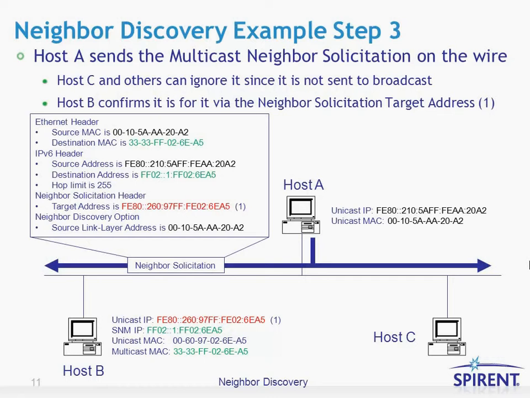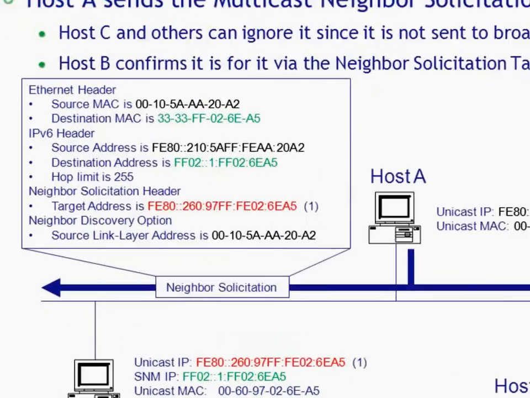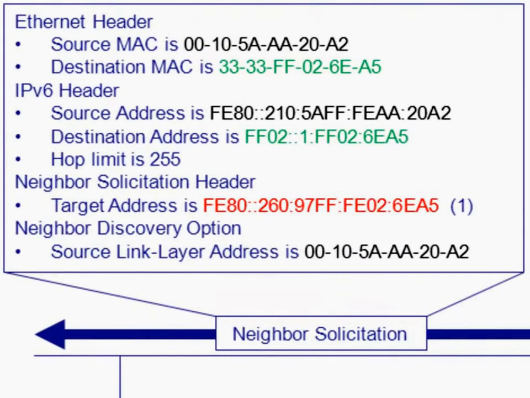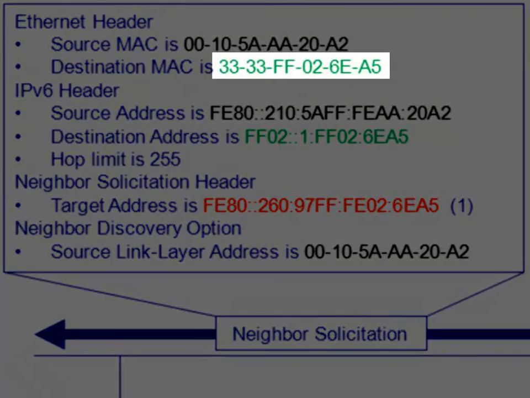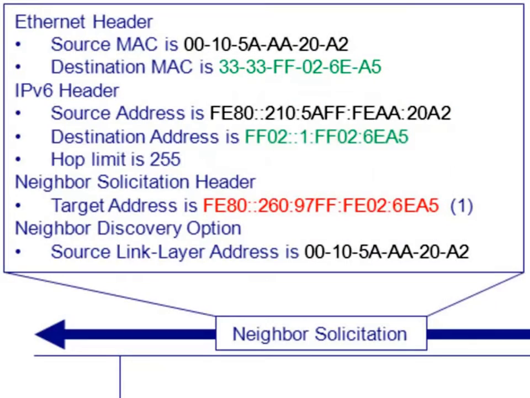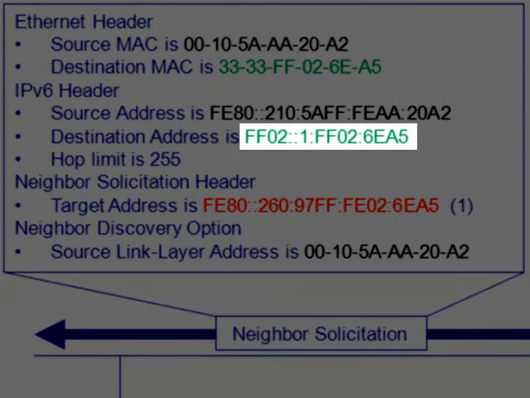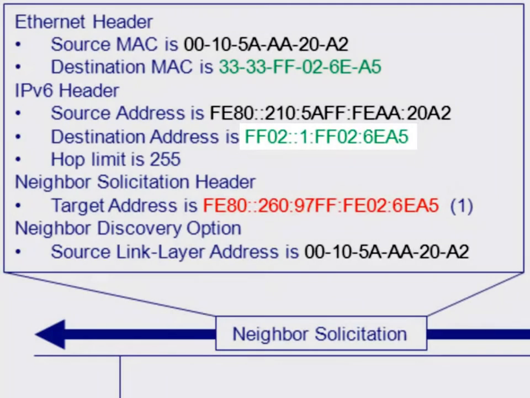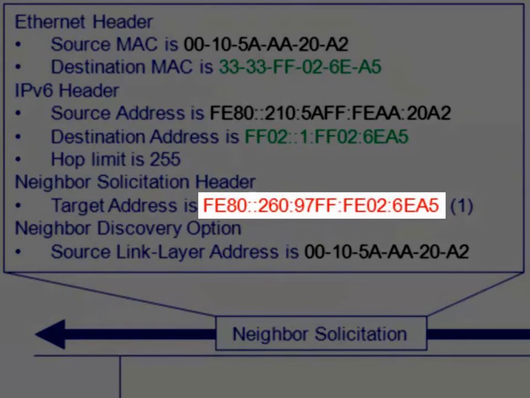So step 3, now that I've determined all the information I need, I'm going to send a multicast neighbor solicitation onto the wire. Of course, that particular solicitation packet is going to propagate in all directions, so both host B and C will see it, as well as other hosts on the wire, but for the most part, only host B will be listening to that destination MAC address 3333 FF0260A5, which again was derived from host B's SNM address, which again was derived from host B's unicast IP address.